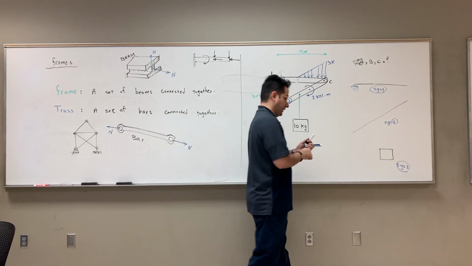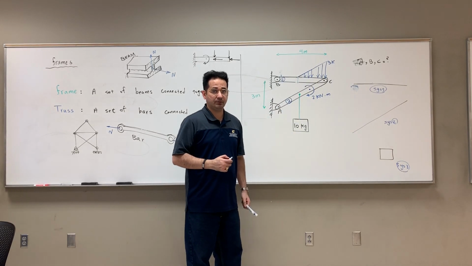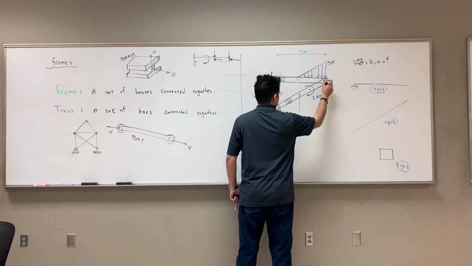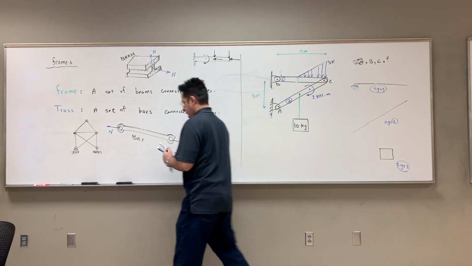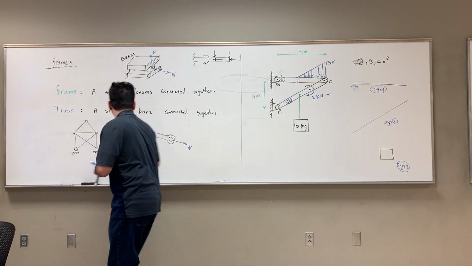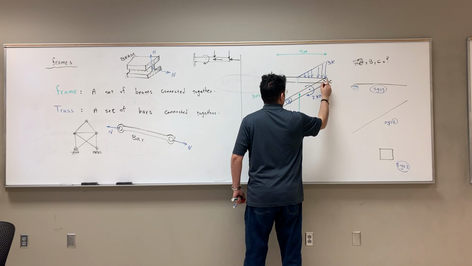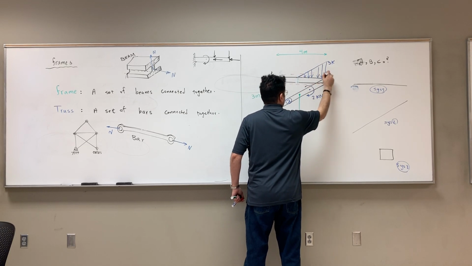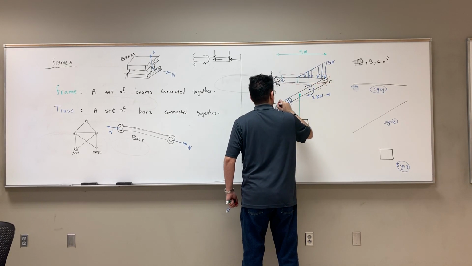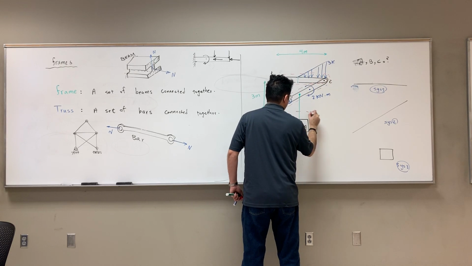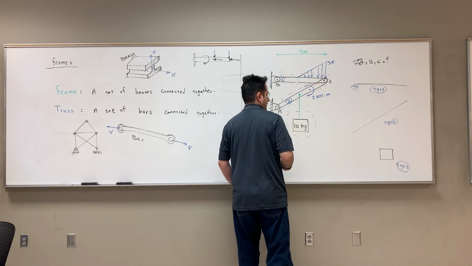Now, the next step, free body diagram per system. So again, that's the border of our system: border of system 1, border of system 2, border of system 3.